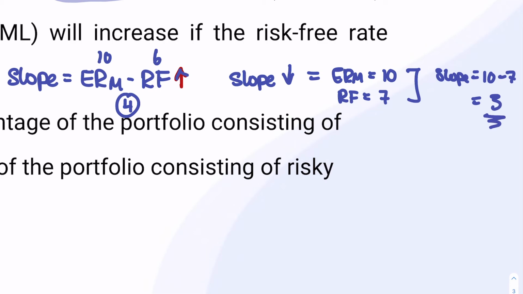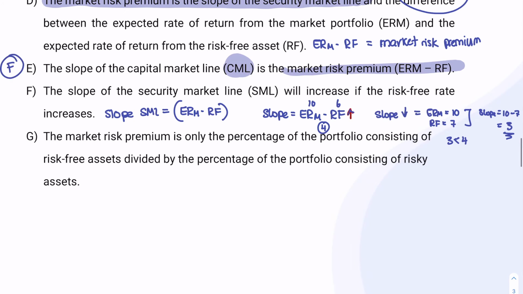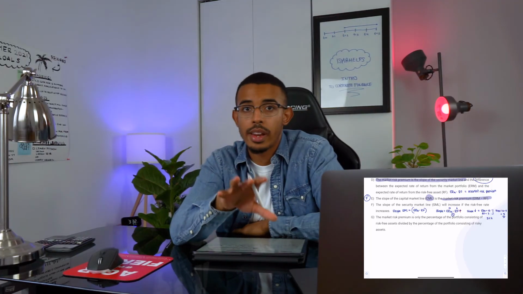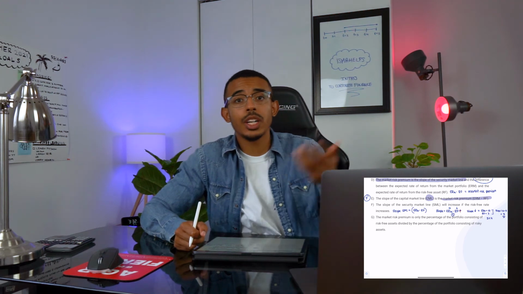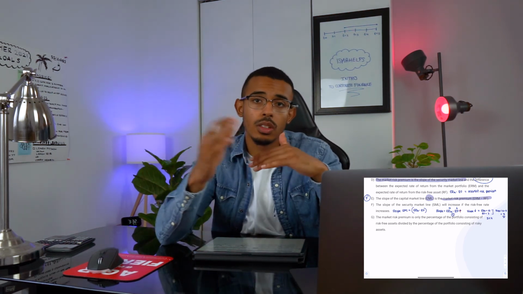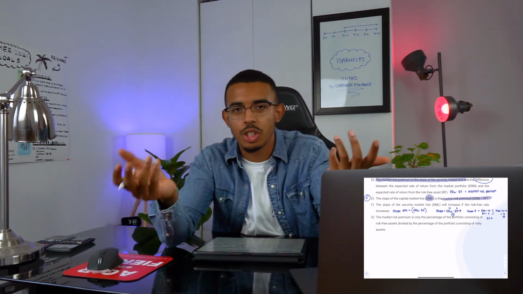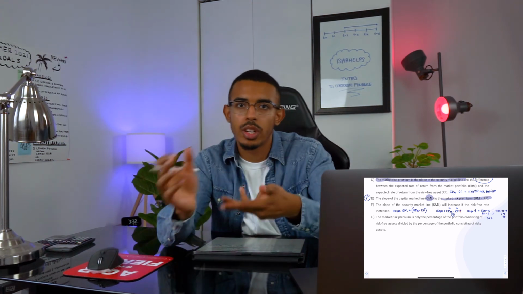And 3 is smaller than 4. Therefore, the claim that the slope of the market line will increase if the risk-free rate increases is actually false. If our risk-free rate increases, as we saw in our proof, our slope actually decreases. They have an inverse relationship. If one goes up, the other goes down, and vice versa.